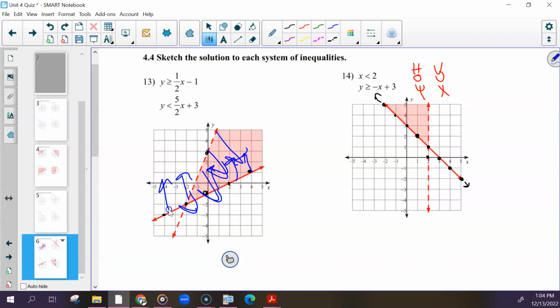Yes. 3, 4, and 5 would not be less than 2, so don't shade on that side. And then your other one should have been solid, so this was the overlapping. If your slope or y-intercept were incorrect, which caused your shading to be off, you just got minor points taken off for that. Questions on 13 or 14?